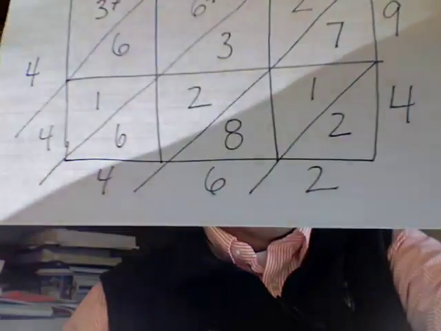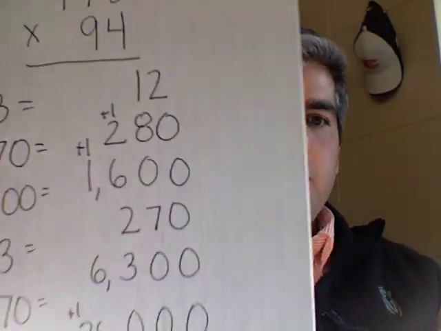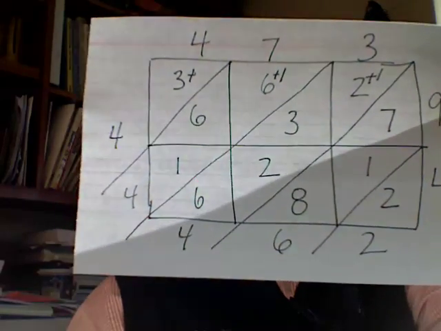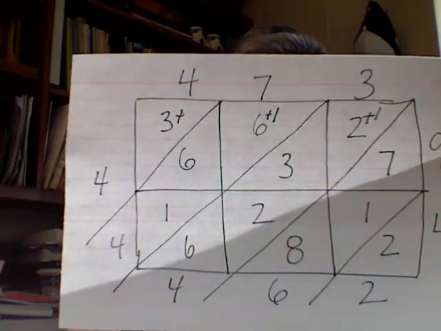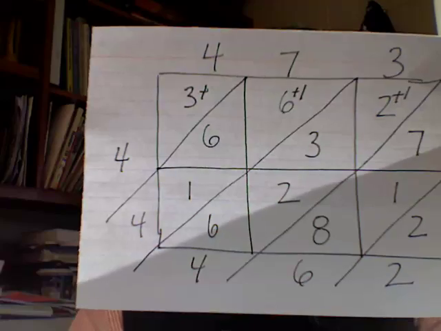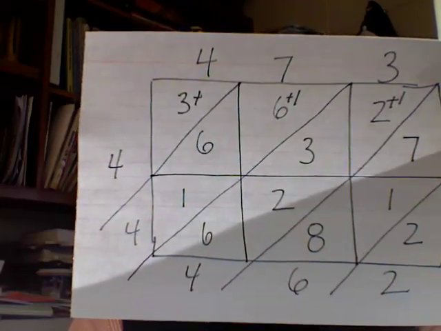In the tens column, we added 1, 8, and 7. 7, 1, and 8. The same. And remember, according to the commutative property of addition, order doesn't matter. So it's the same addends. So it'll give us the same sum.